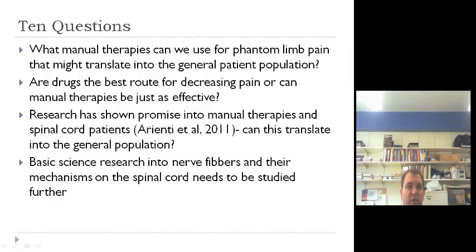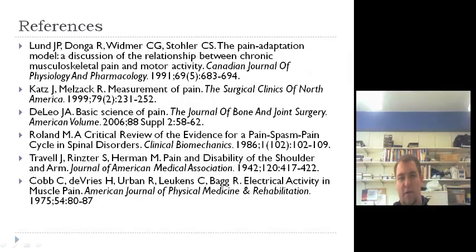I think there's some promise in some of these manual therapies, as I'm understanding more basic science with it, that could translate into the general population. Basic science research into nerve fibers, A-beta fibers, and their mechanisms in the spinal cord needs to be studied further. So I have some references here, very similar references.